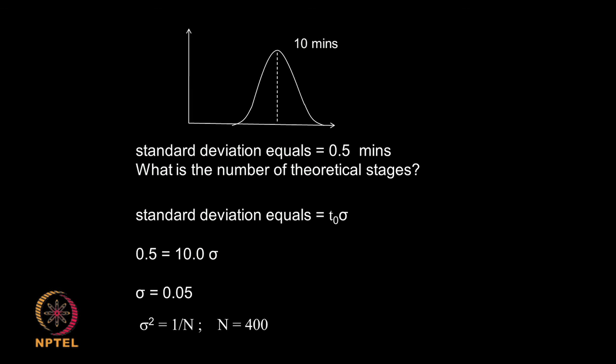So, if I am comparing two different chromatographic columns, all I have to do is inject a sample and see the peak, look at the retention time and the base, and from there calculate the number of stages of column 1 and column 2, and then I can say this column is more efficient than another column. Okay. So, that sort of calculations we can nicely do using these set of equations.